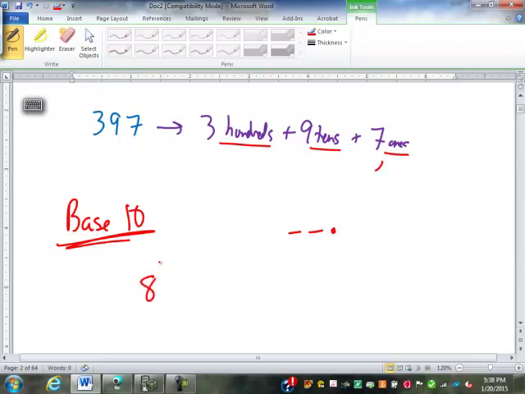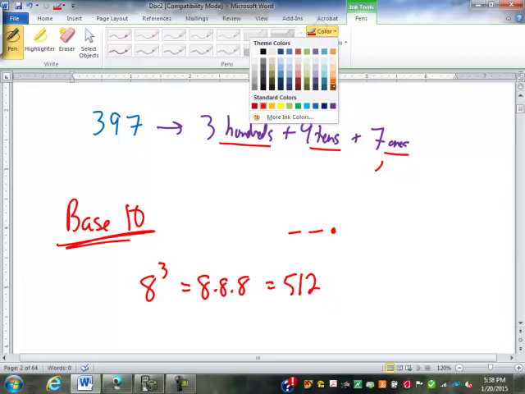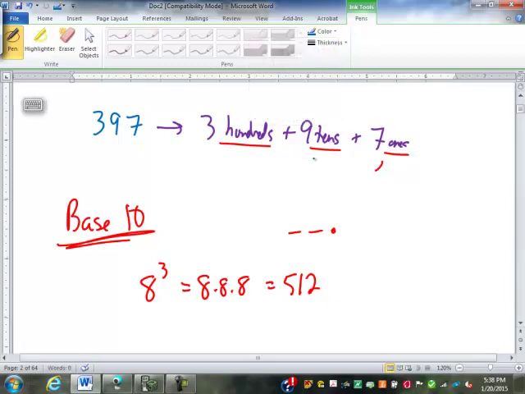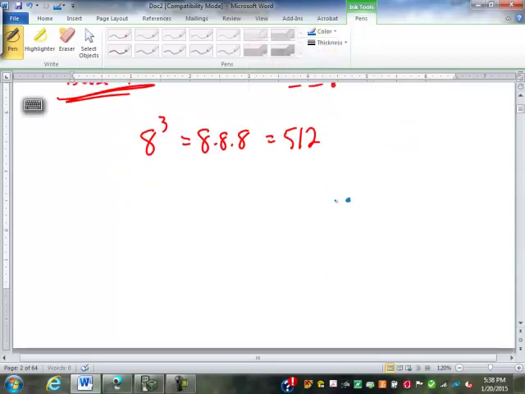Now, if we had 8 to the 3rd power, that's an exponent. It means 8 times 8 times 8, which would be, what, 512. Well, our place values in our number system are powers. Although this one is a base of 8, our place values are a base of 10.